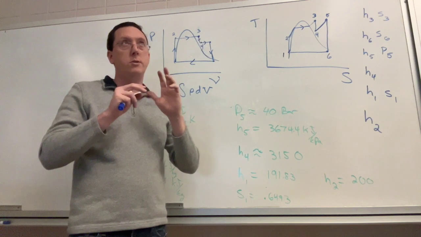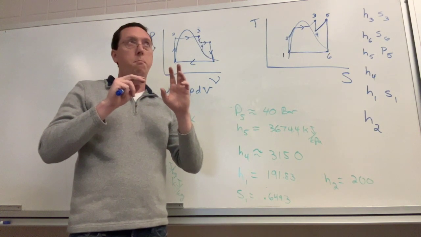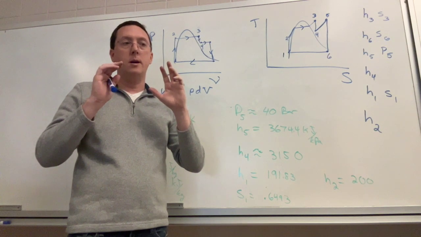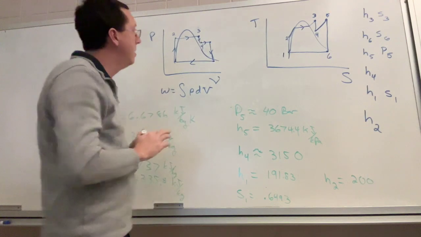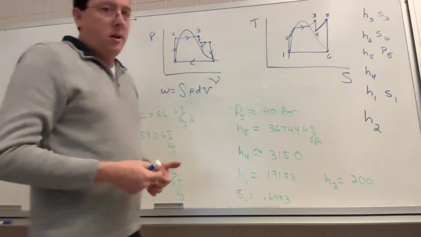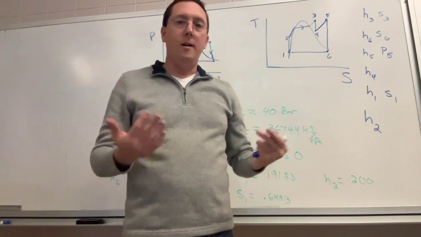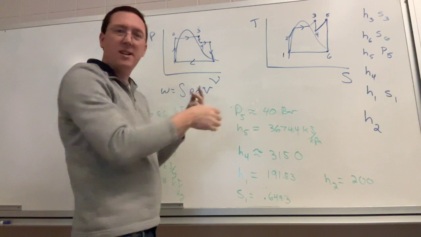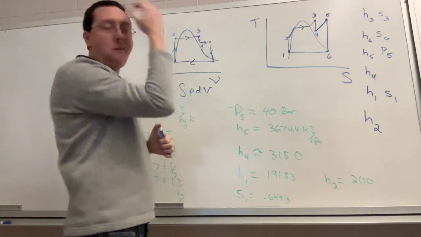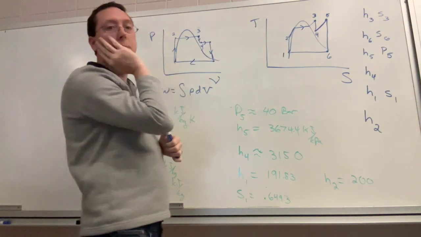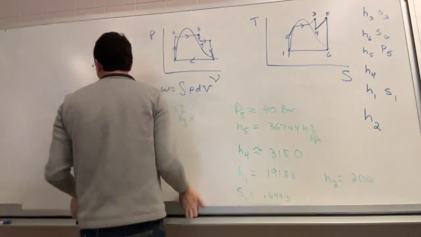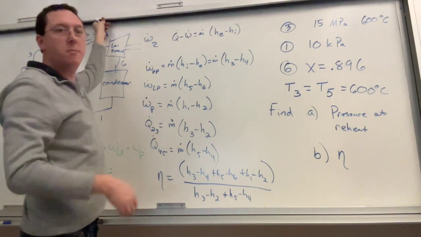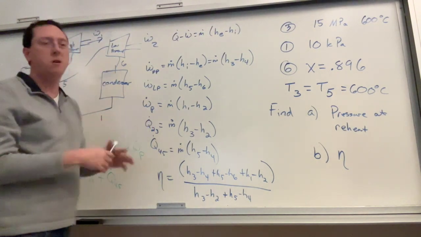And then we're also going to assume that the boiler and condenser are isobaric, constant pressure. I'm going to dance between these two graphs and talk my way through it to give you an idea of what's going to happen, and then we'll get numbers out.